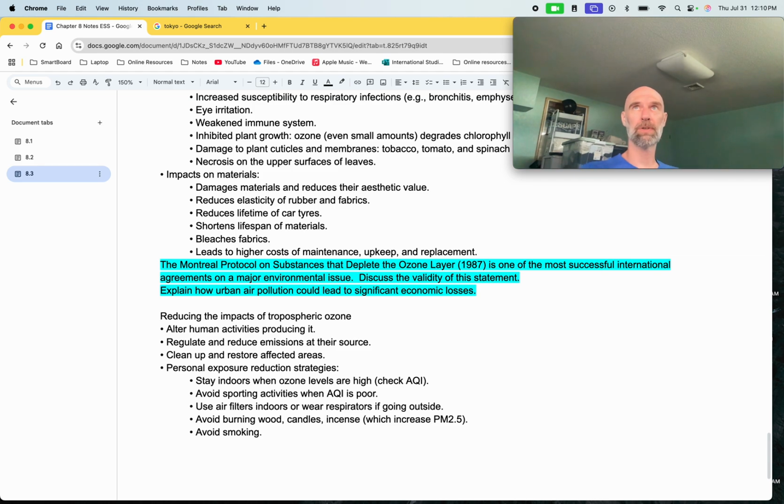Stuff you should definitely be talking about are ODSs, ozone depleting substances. If you don't mark those down, I don't know really what you're talking about. Talk about what they're used in as well, and how they're used.